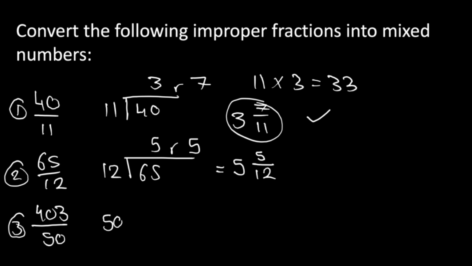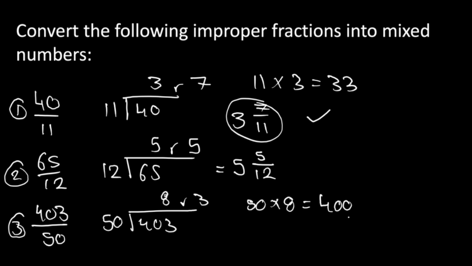So how many 50s go into 403? Yes, 8. Remainder 3, because 50 times 8 is 400. Okay, so the remainder is 3. So the integer becomes 8, the numerator is the remainder, which is 3, and the denominator remains the same. So this would be your answer.